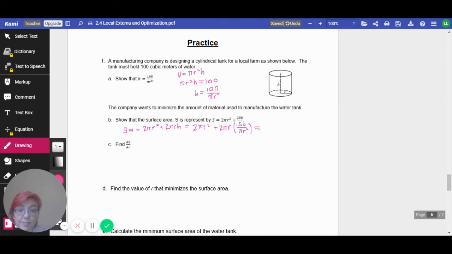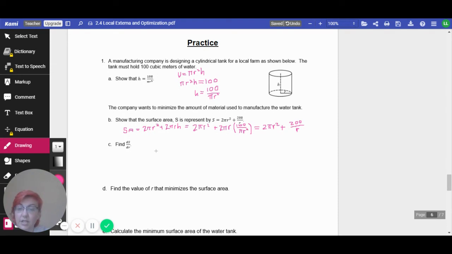Last but not least, we'll simplify. The 2 pi r squared stays the same. And then 2 times 100 is 200. The pi's cross out, and r divided by r squared is 1 over r, so r goes on the bottom, and there we've shown that surface area is 2 pi r squared plus 200 over r.